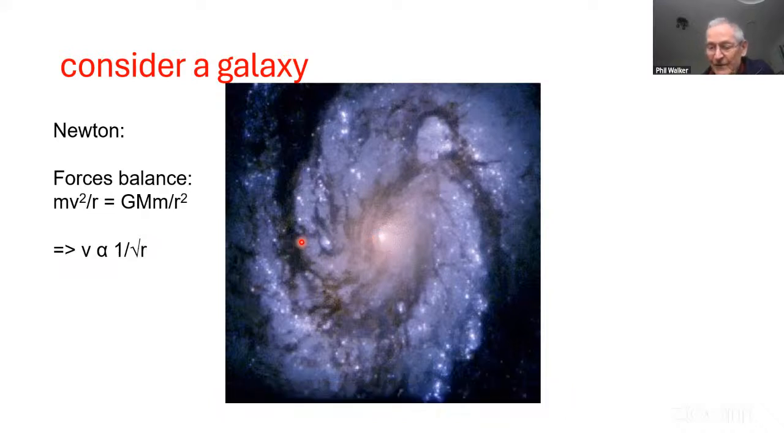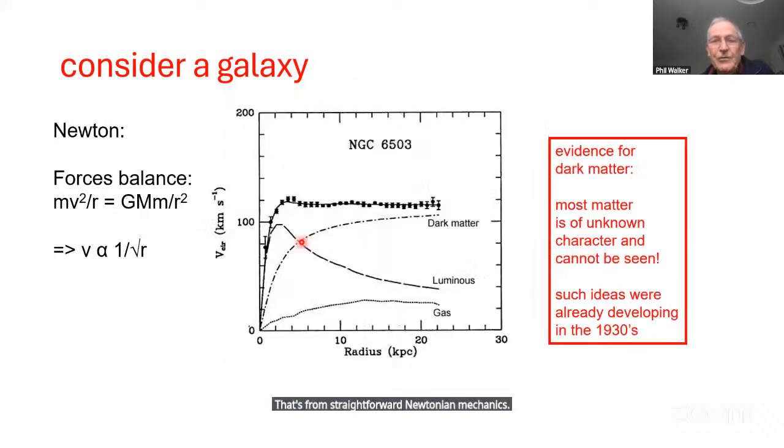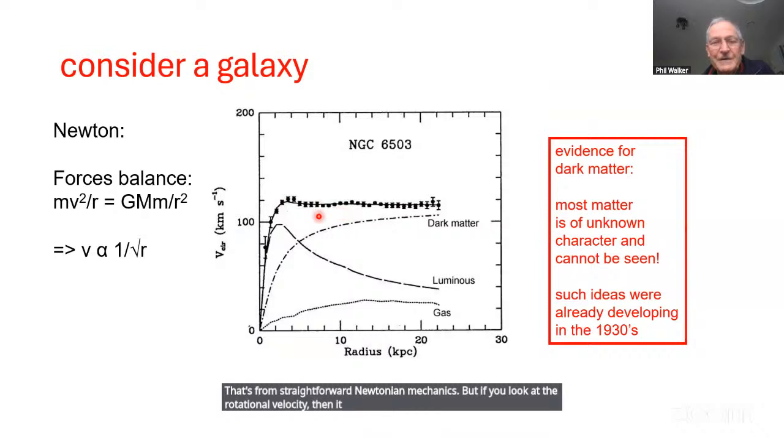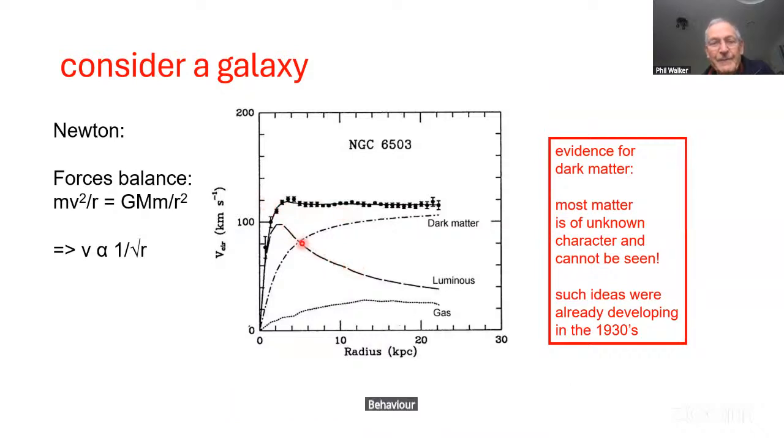That's from straightforward Newtonian mechanics. But if you look at the rotational velocity, then it flattens off. It doesn't have this 1 over root r behavior at any distance.